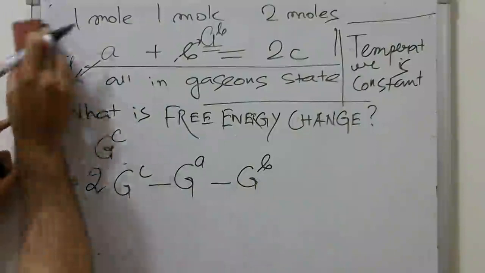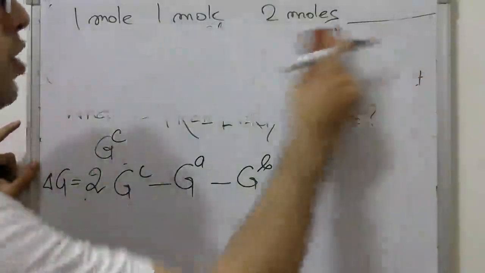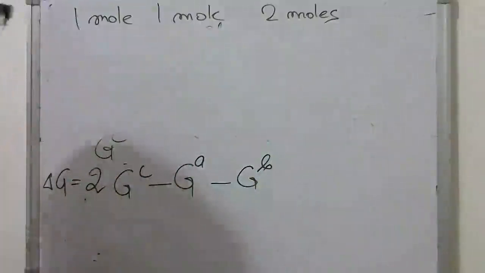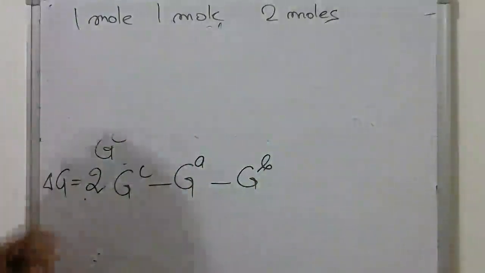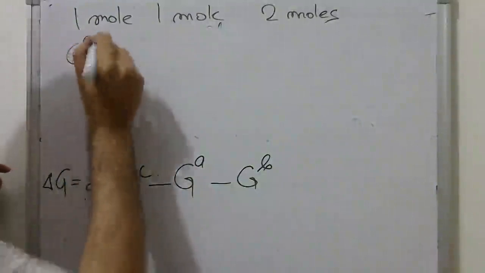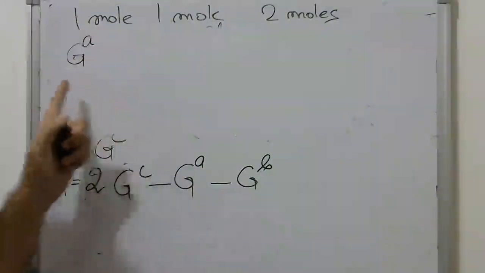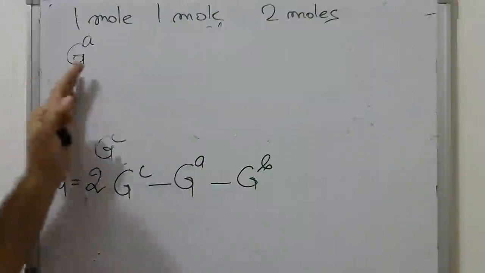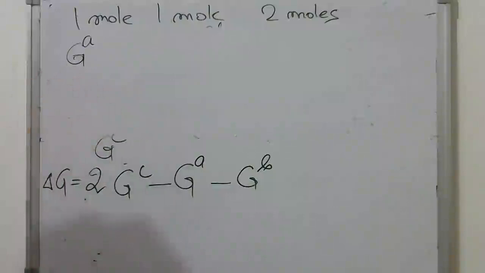How do I write Ga? Please note it, because I am erasing it. So pause the video if necessary, note it down. So what is Ga?